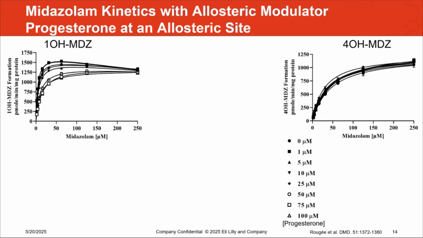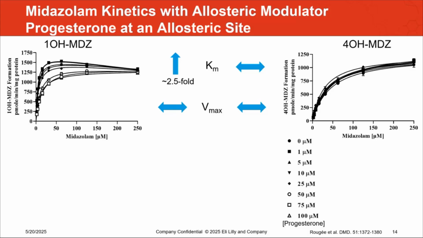was something interesting. For 1-hydroxy, we do see a shift in affinity. Our Michaelis-Menten constant for 1-hydroxy is a little bit higher than it was before, but we're not changing the Vmax, which may suggest competitive interaction within the active site. However, if you look at the other metabolite, 4-hydroxymidazolam, there is no change in affinity and no change in Vmax.